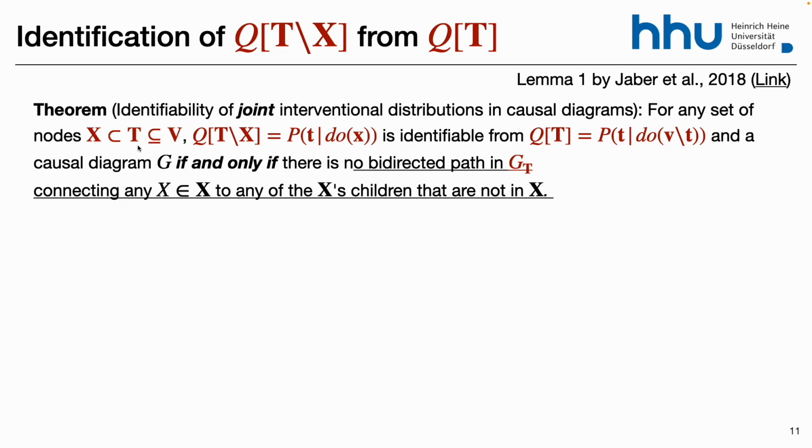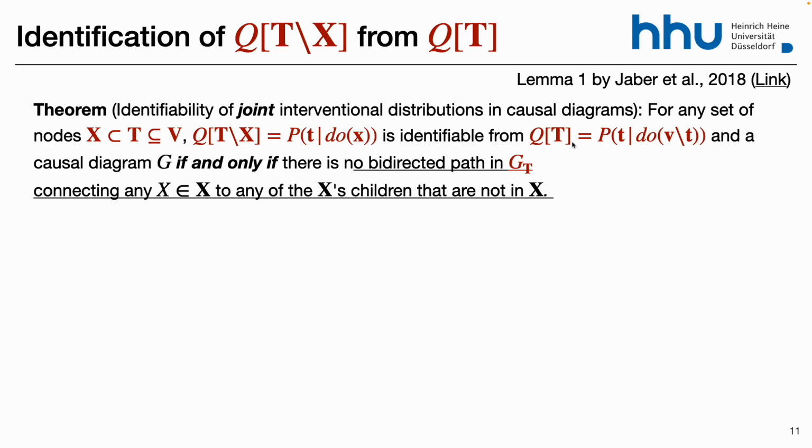The only difference is that instead of V, it's the T in V. And instead of computing the probability of V minus X given do X, we can compute the probability of T given do X. Instead of knowing QV, the observational probability of the entire data set, I have just a subset of it, but it's identifiable from QT.